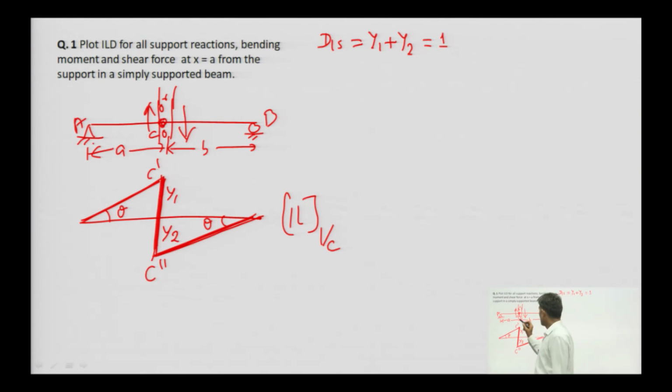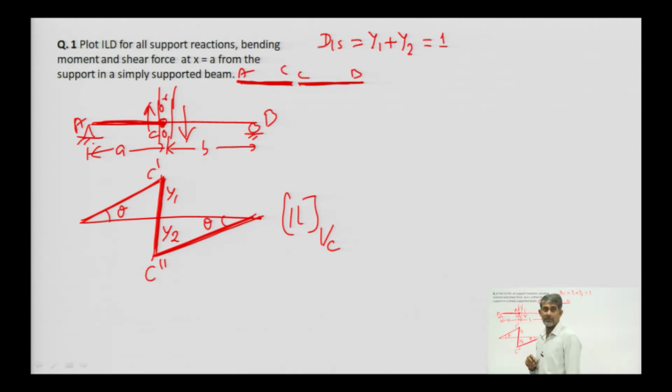Means prior to giving the unit displacement, the AC segment was this, okay, and the CB segment was this, means it was parallel with each other.